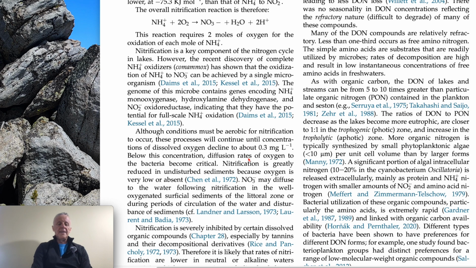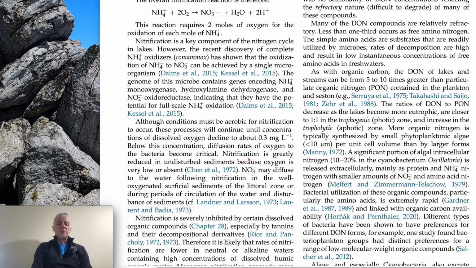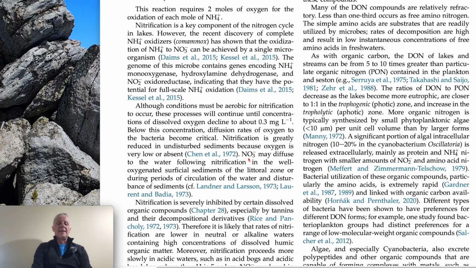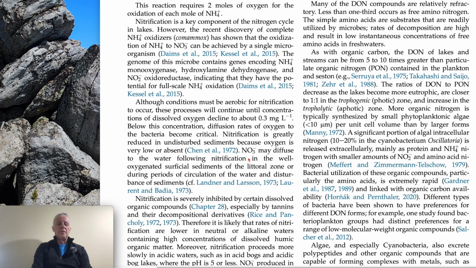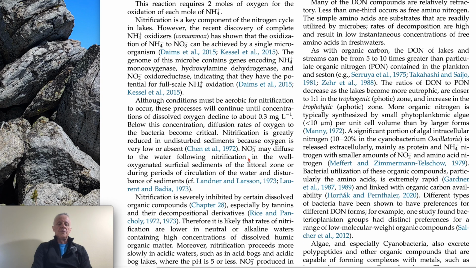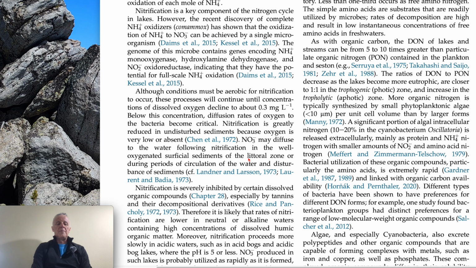Although conditions must be aerobic for nitrification to occur, these processes will continue until concentration of dissolved oxygen declines to about 0.3 milligrams per liter. Below this concentration, diffusion rates of oxygen to the bacteria become critical.